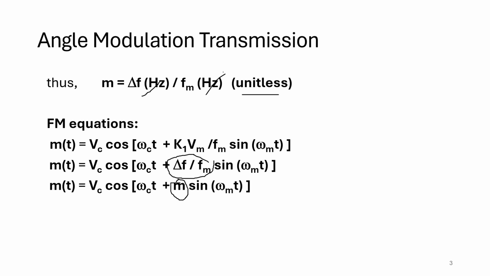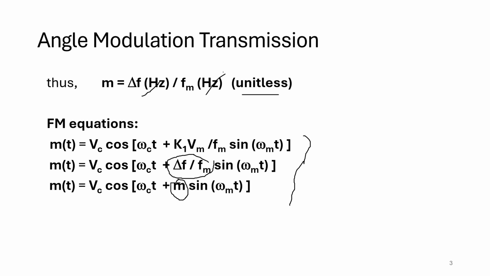So just like in PM, we have three ways of representing FM. First, using our deviation sensitivity, and then using delta F divided by fm, which defines our modulation index. All of these three equations are correct. It just depends on what is given in a certain problem.